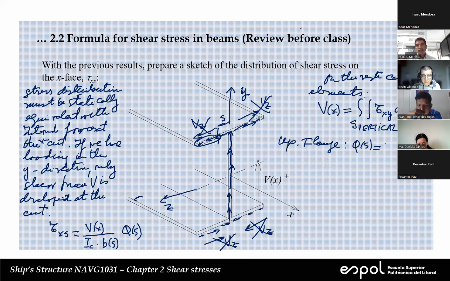The area is going to be B minus S times T times H over 2. Okay, that's the upper flange. You can see immediately that this is a linear variation.